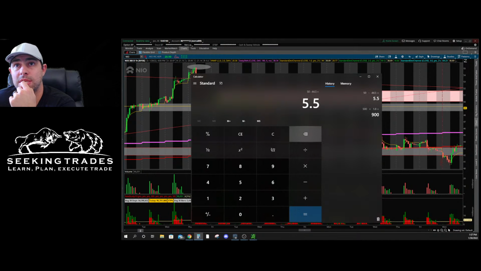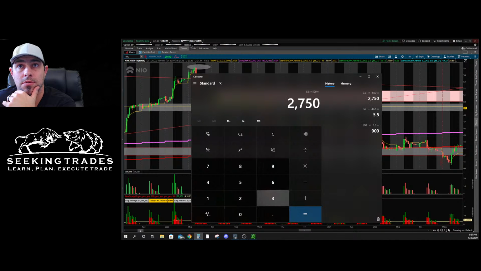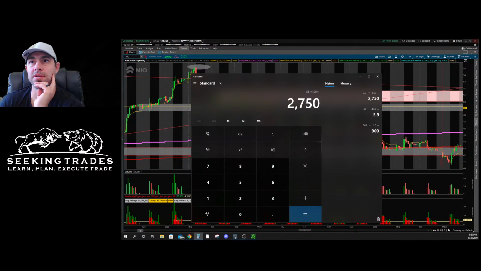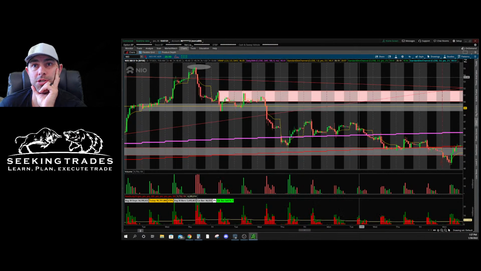Yeah, so that's basically a little over a risk 1, win 2 times your 500 shares. You risked 900, but then you won $2,750. But you stuck to your plan, and then you got out on a big bounce at the open. That's fine, because those $0.50 moves in those areas are definitely psychological.